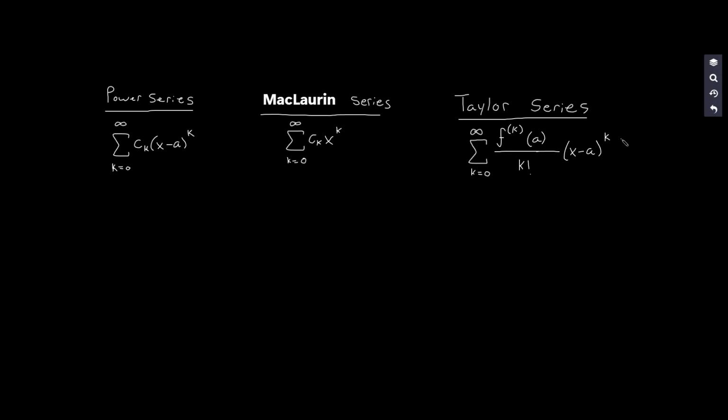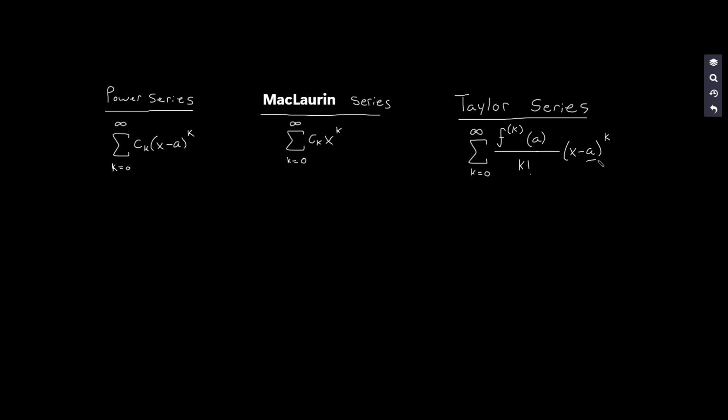K of course corresponds to the index, as the factorial corresponds to the index, and so does the order of the derivative. So the gossip is that it's not gossip, it's fact. A Taylor series is a power series that represents a function using the function's derivative values at a chosen center a.